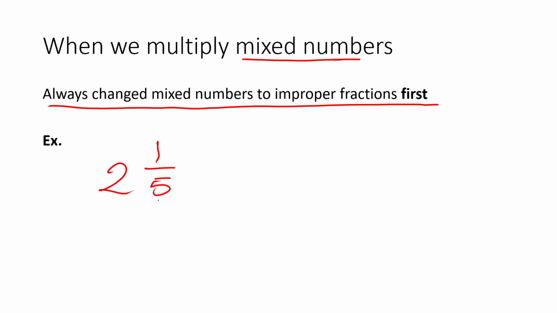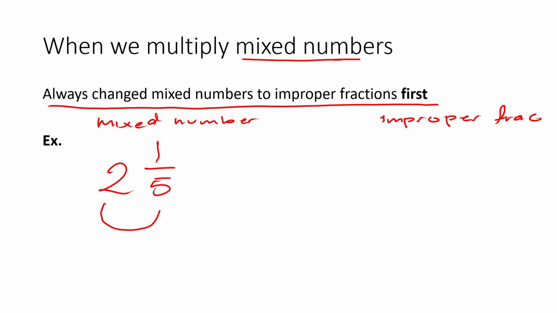So how do we change a mixed number to an improper fraction? Well, you simply multiply the denominator, the bottom number, with the whole number, and then you add your numerator. So 5 times 2 is 10, plus 1 is 11, and that is our new numerator.